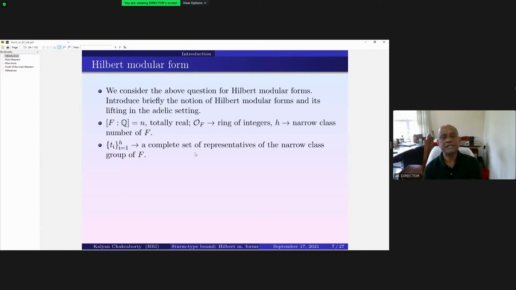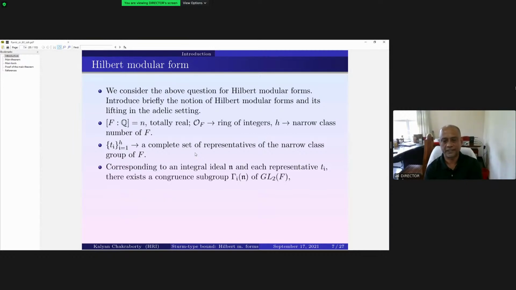Now, corresponding to each integral ideal, let's call it Gothic N, and each representative t_i, there exists a congruence subgroup of GL_2(F), let's call it Gamma_i(N). Here i symbolizes the i-th representative we have chosen.